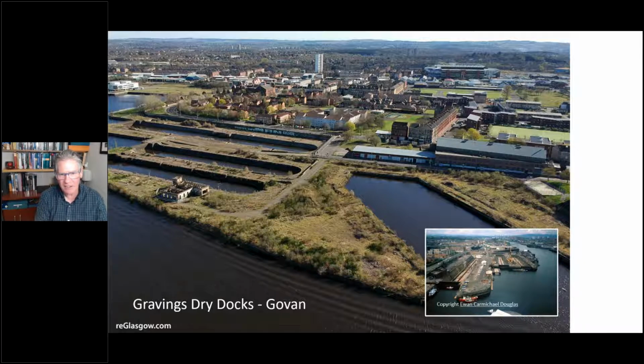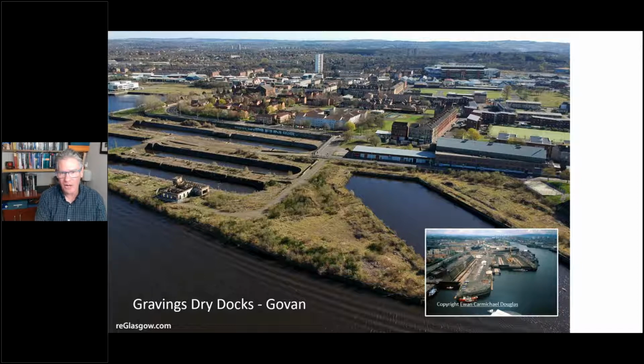It's a great illustration for our theme because this is a parcel of great real estate in the centre of Glasgow. It's right on the river. It has tremendous potential to be used beneficially for the community, and yet it's essentially been fenced off and off limits really to the people of Govan.